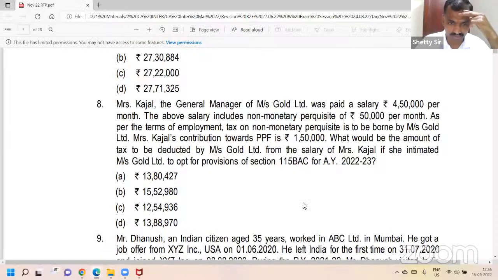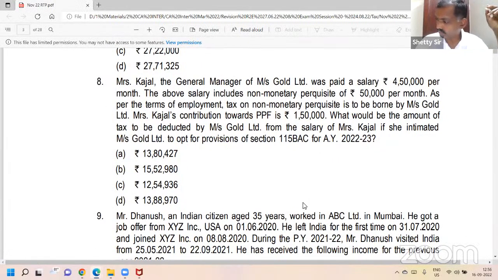Take 4 decimals. Every time I say this: we tried taking 2 decimals, but there is a slight difference. So let us continue. Less tax borne by employer. Continue here: therefore TDS to be made, next line, previous figure is 15,52,980 less tax borne by employer. Tax borne by employer on non-monetary perquisite.